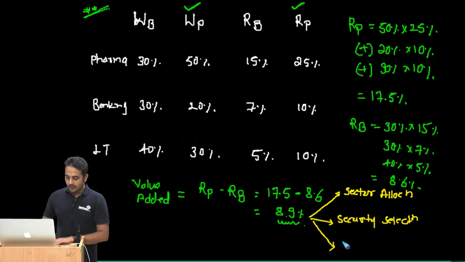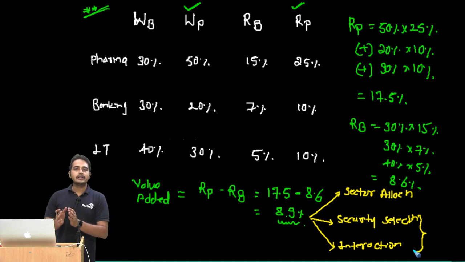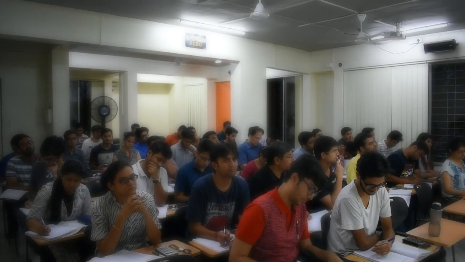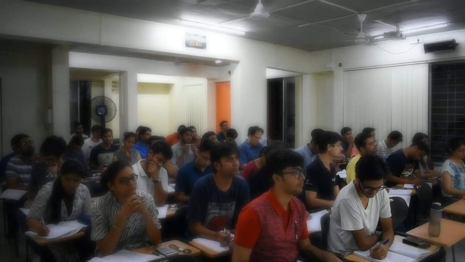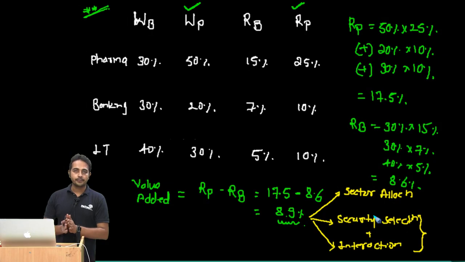And then there is one component which comes through the interaction of the first two variables. On the exam, if they ask you specifically what is security selection and they do not talk about interaction, you're just going to add up the two numbers and say that interaction as well as security selection is the true security selection component. That's how the formula is built in your syllabus.